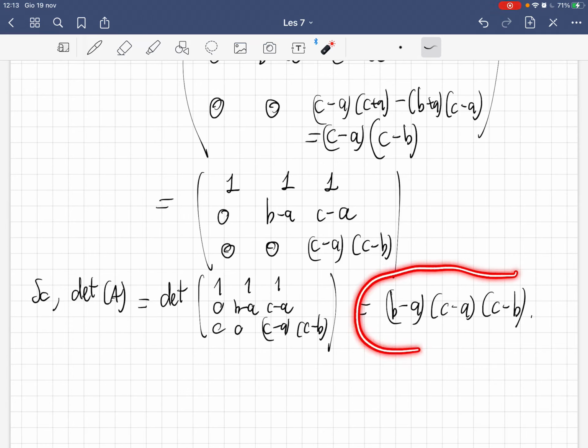So here I decided that I could avoid saying that the determinant is computed by looking at the terms in the diagonal, or doing the explicit Laplace formula.